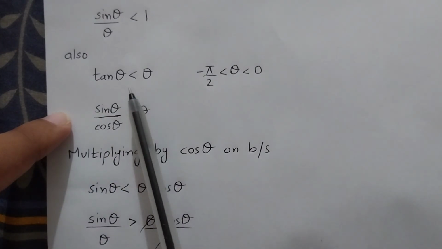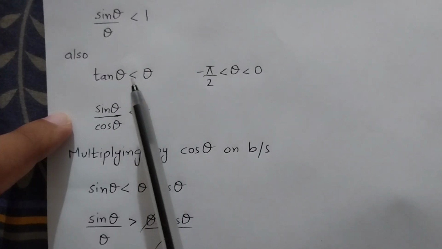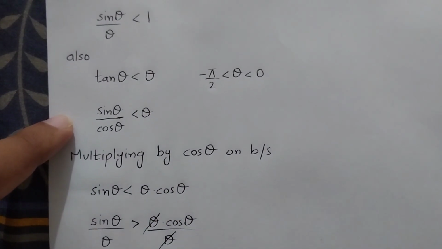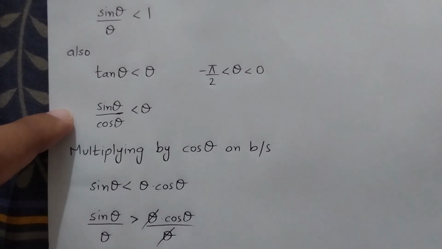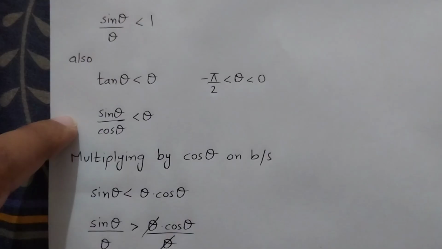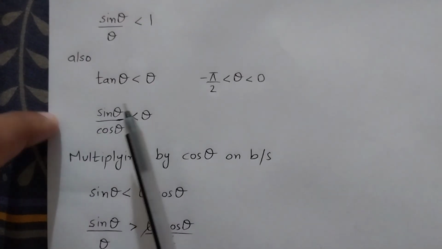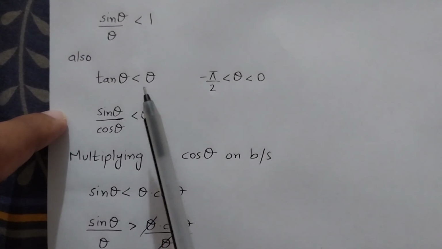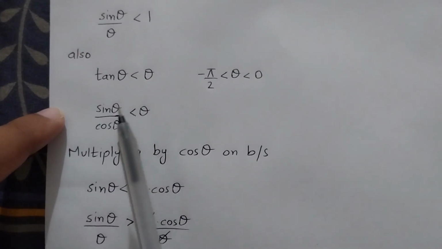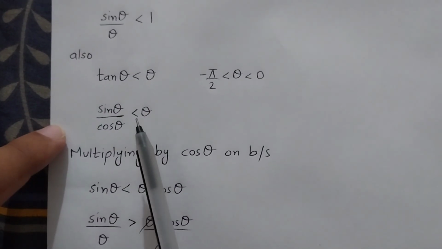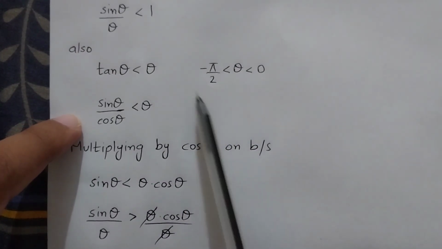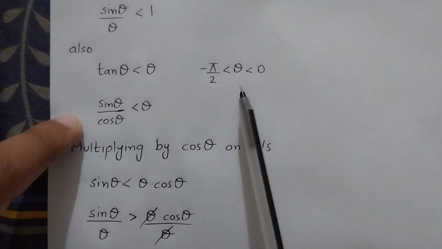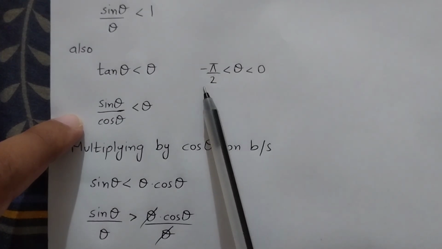Secondly, tan theta is less than theta. It also gets reversed. In the previous limit, or in the right-hand limit, theta was less than tan theta. So here the value range we are considering is from minus pi by 2 and 0.